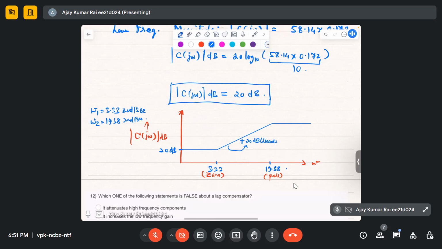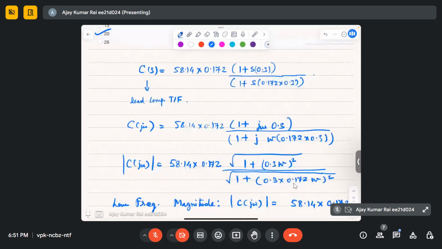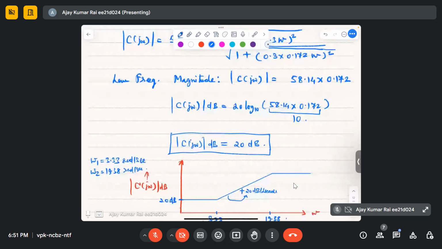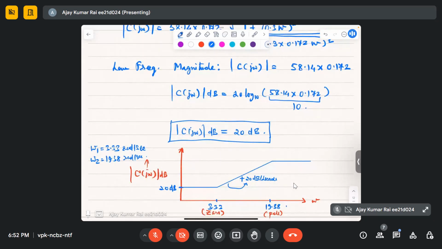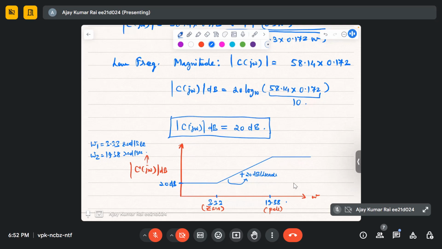So in the low frequency region you will not find attenuation because of the plus 20 dB gain. Any doubt in this question? I hope not, this is a very simple question. We already know how the Bode plot looks; we now have the corner frequencies and the low frequency magnitude, which is why I have drawn this. Very simple.